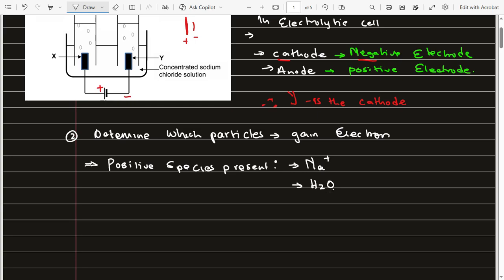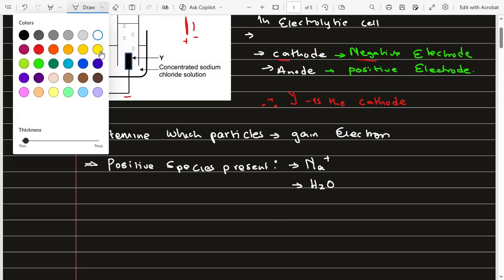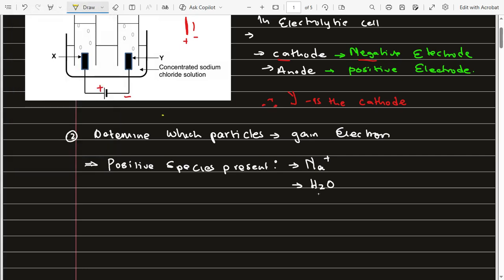Look at this: water, the H2O, is reduced more easily than sodium ions, okay?